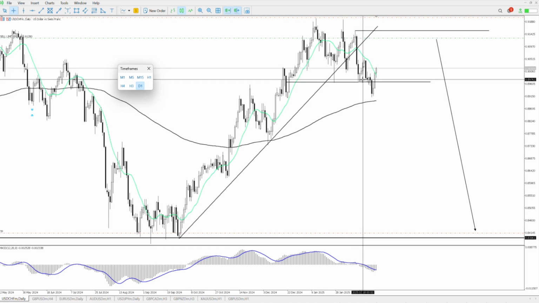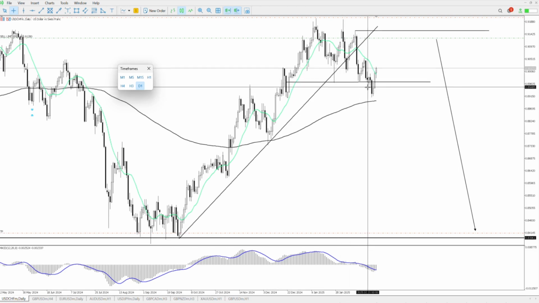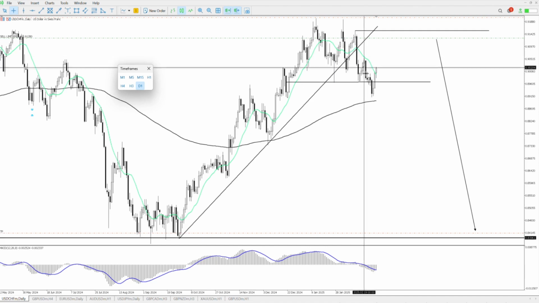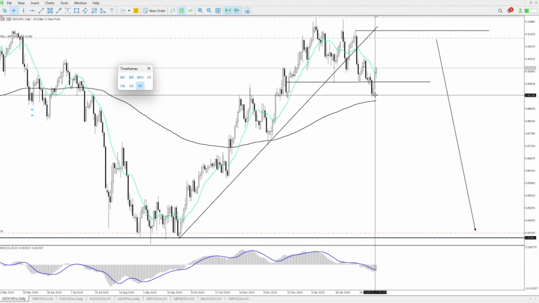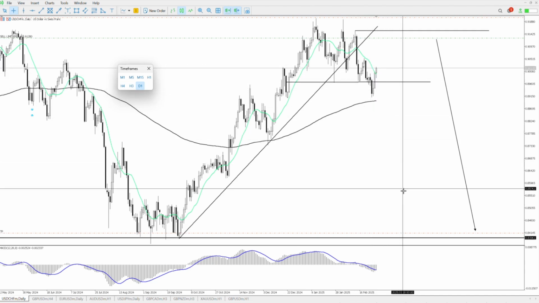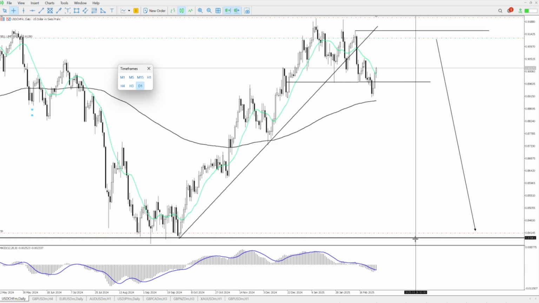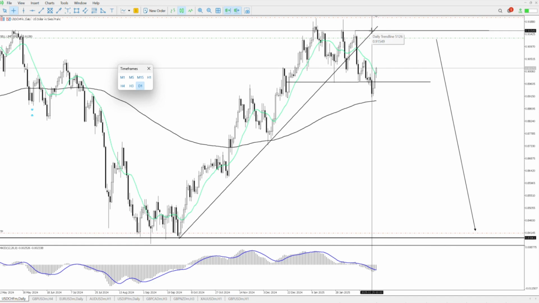A lower low, right? Now we have a clear breakout from the uptrend back to the downtrend. So we already have our confirmation that price is reversing back towards this point. All we have to do now is wait for price to get back to the previous high that was formed that led to the breakout.